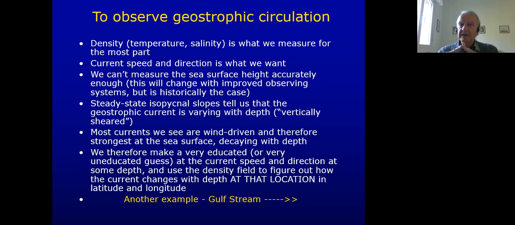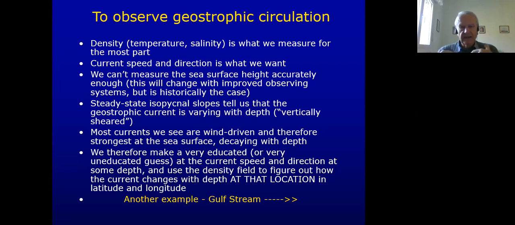Most currents are wind driven in the first 1,000 meters, in the first kilometer, and they decay with depth. And then we also have the geostrophic flow, geostrophic currents. What we measure really is the superposition of these two signals, at least, because we can also have other time-varying currents like tidal currents.